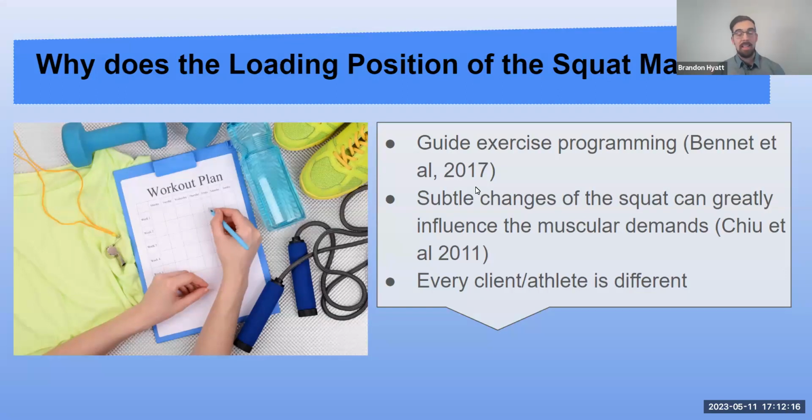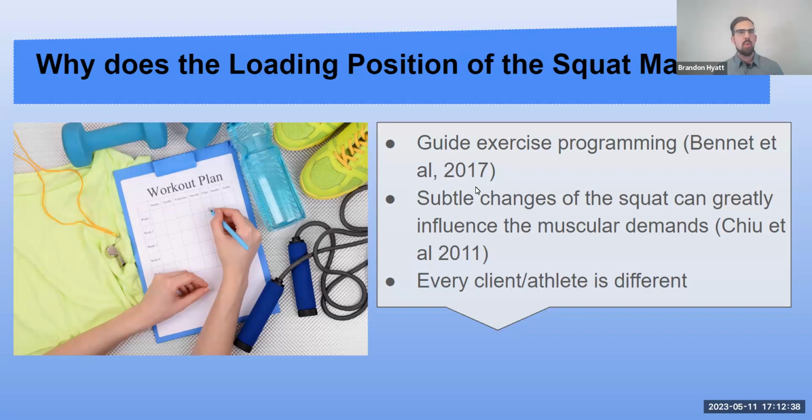And that last sentence I said was actually a direct quote from another study from Chiu et al. in 2011. And I'll just say it again. They said that loading positions should always be considered when programming a squat so that the client does not minimize training benefits or learn improper technique or get injured.